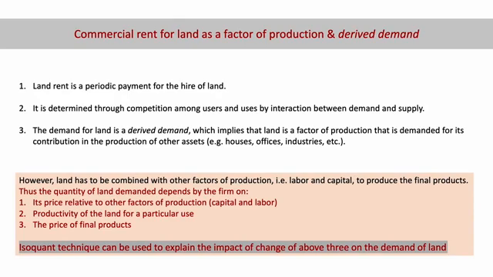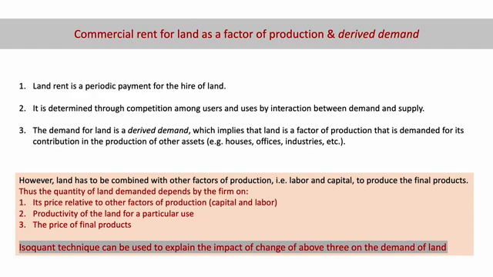Now, the commercial rent for land as a factor of production and derived demand. When we say derived demand, we mean that land is a factor of production. We are considering land as a factor and not as a product itself.